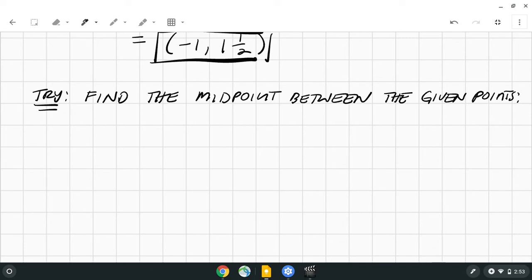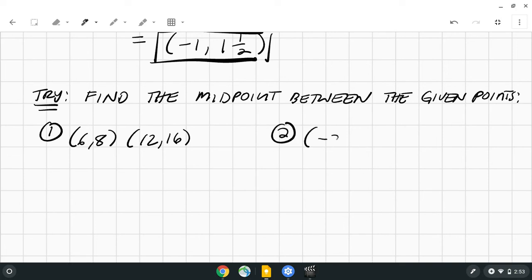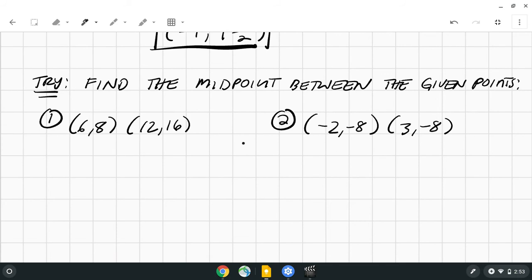So go ahead and try these two. Try this one. 6, 8, 12, 16. Find the point that's halfway between those two. And find the midpoint between these two. Okay, so go ahead and hit the pause button and give it a try, and then come back and see if you got the correct answer.